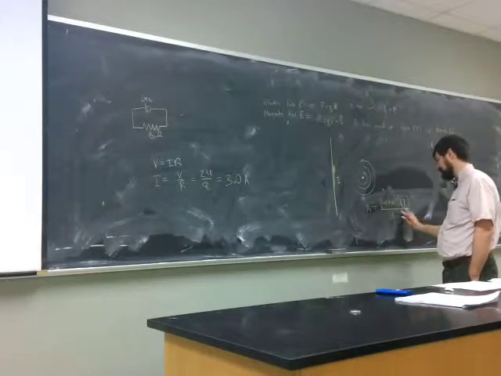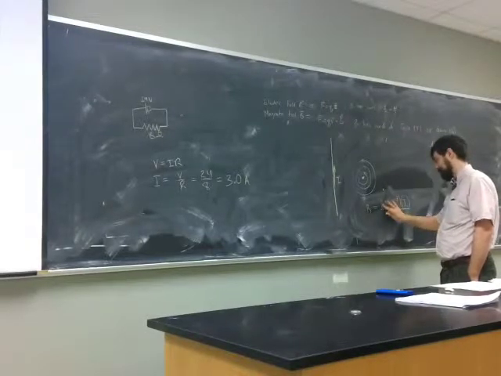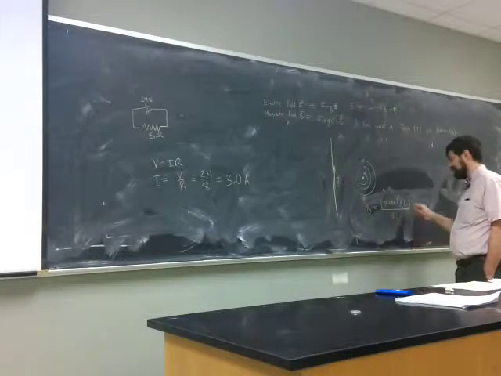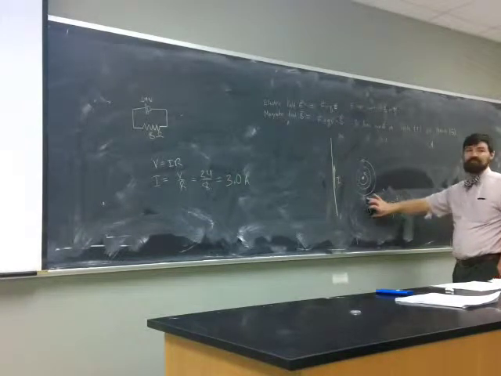So you can cancel some numbers. And if the current is in amps and the distance is in meters, B will be in Teslas.